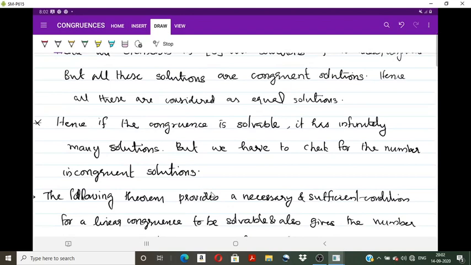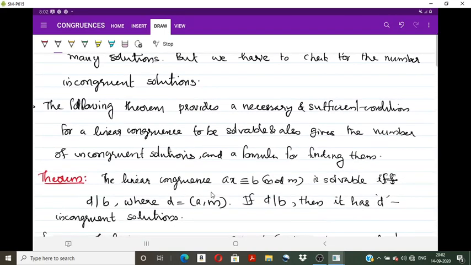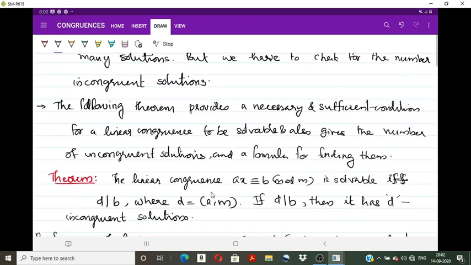We will obtain the necessary and sufficient conditions for a linear congruence to be solvable in the following theorem. This theorem also gives the number of incongruent solutions and a formula for finding them. So this is a very important theorem for the solvability of linear congruences.